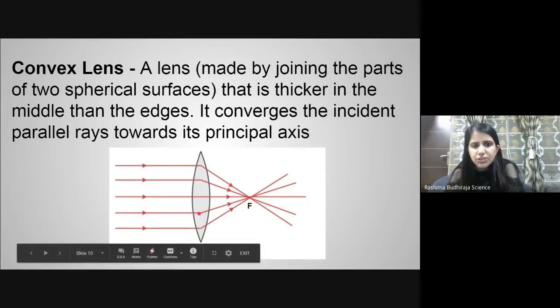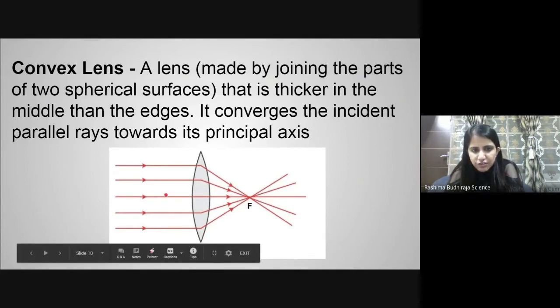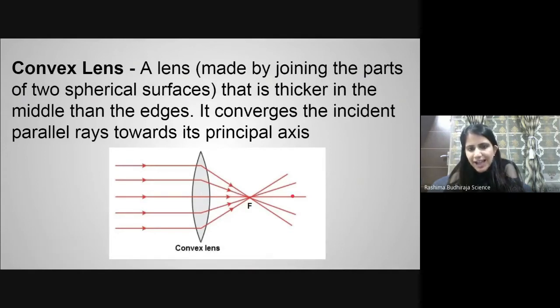Also from this figure, we see refraction of light taking place through this convex lens. How is refraction of light taking place through this convex lens? It is converging the incident parallel rays towards its principal axis. This line, children, which is passing through the center of the lens, is the principal axis.